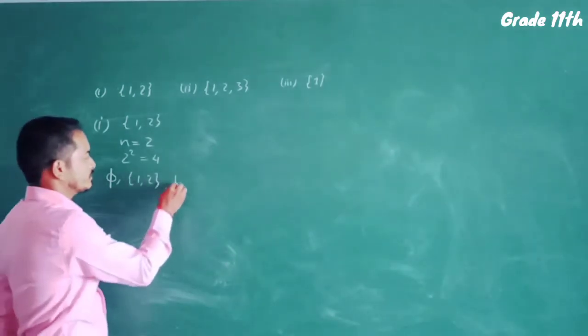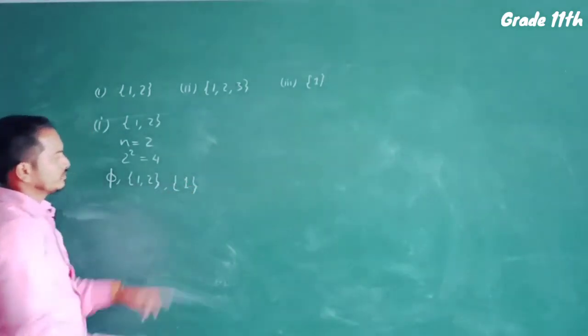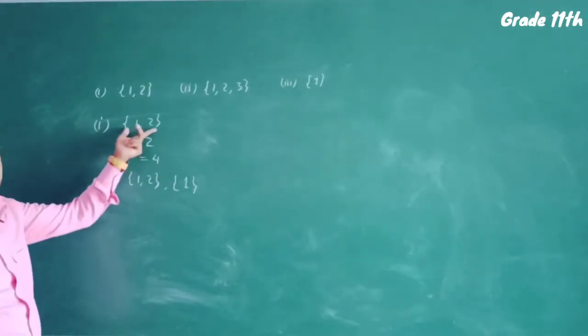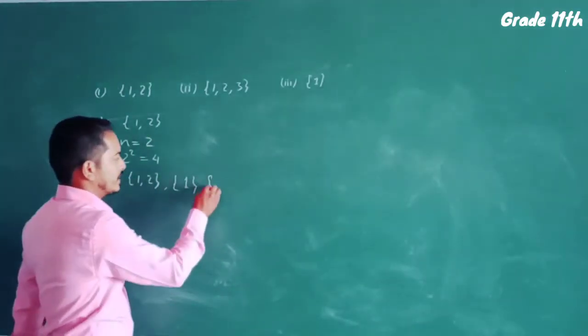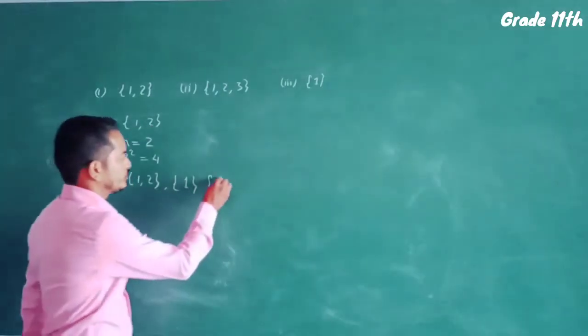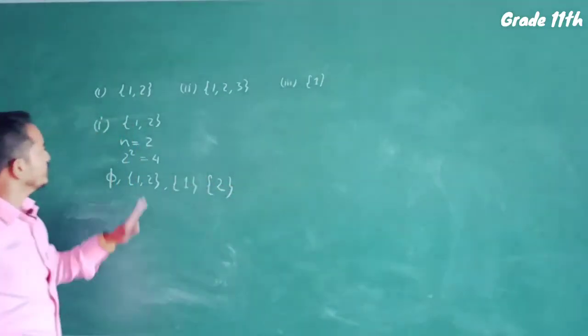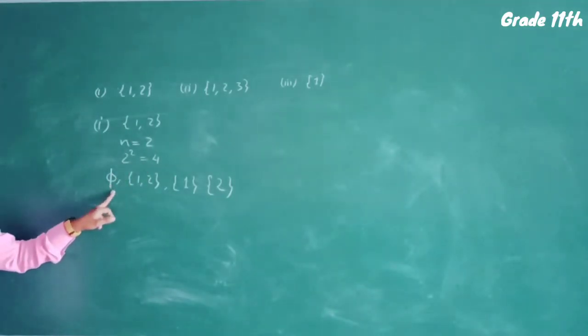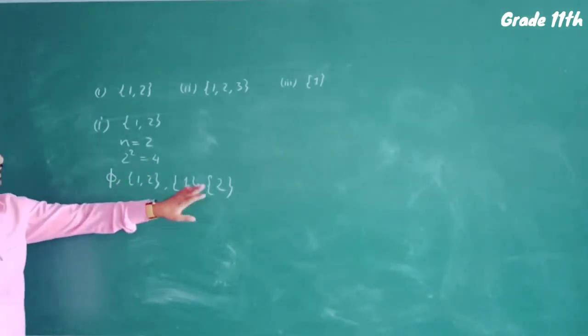The third one is {1}. Each element of this set is also in this set, so this set is a subset of this set. And the last one is {2}. So the number of subsets of this set is 4: first, second, third and fourth.